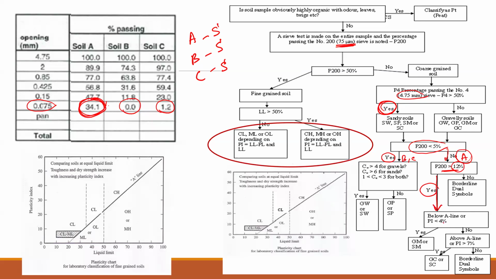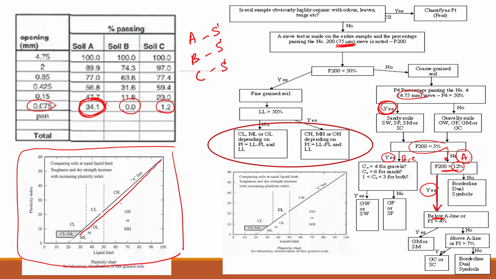Now we need to find out the plasticity index and where it is in the diagram. We are looking at this chart, and the A line is this line. We need to check whether the point is above the A line or below it. In this graph we have the liquid limit on the x-axis and the plasticity index on the y-axis.